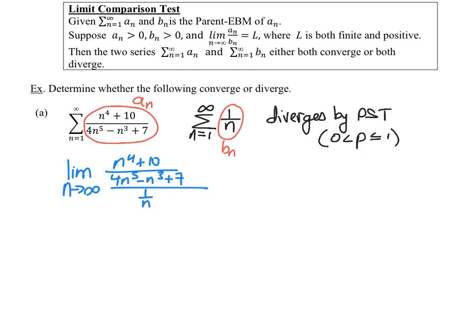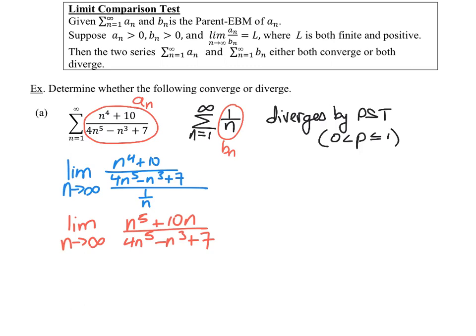Simplify, just doing a little keep change flip here. Multiply by n over 1. We get the limit as n approaches infinity of n to the fifth plus 10n over 4n to the fifth minus n cubed plus 7.